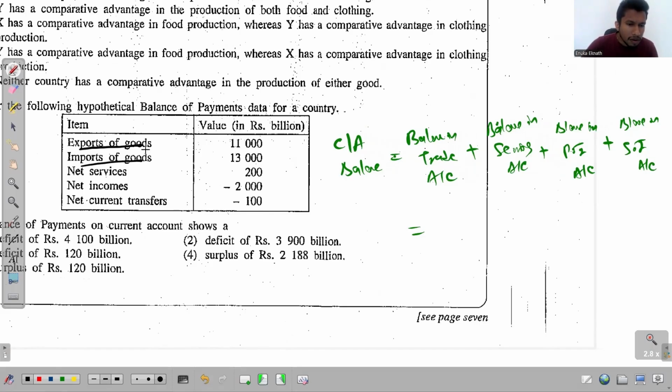exports of goods and imports of goods, tangible goods. So export is 11,000, import is 13,000, so the balance in the trade account is how much? That is minus 2,000. The reason is, the export value, the income you receive from exporting goods, is just 11,000, but the expenditure incurred for importing goods is 13,000.